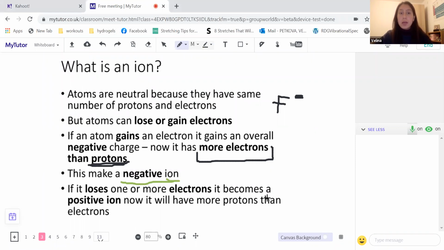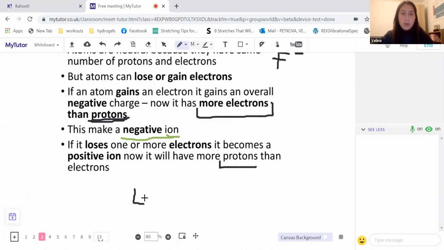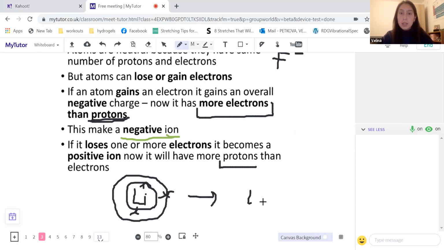However, if, like in the case of group 1, it loses an electron or more, it becomes a positive ion, because now our atom will have more protons than electrons. If we look at lithium as an example, we're going to have 2 in the inner shell and 1 in the outer shell. How many electrons is it going to lose? It's going to lose 1 to get to its stable configuration, so now we just have 2 electrons.